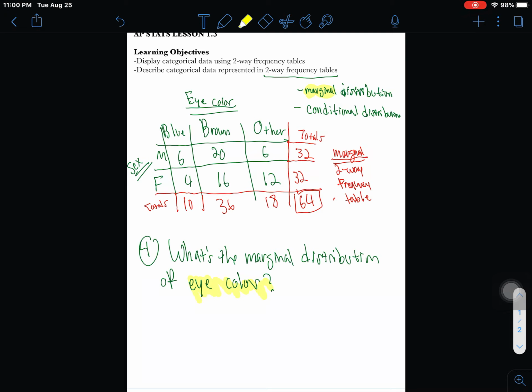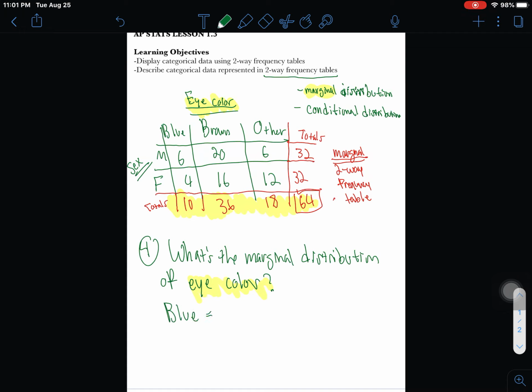So you're looking at eye color. So here's the eye color. So here are all the totals of the different eye colors. So when it says what's the marginal distribution of eye color, it's just like asking what are the totals for all the different eye colors. And we can just say that by something like this.